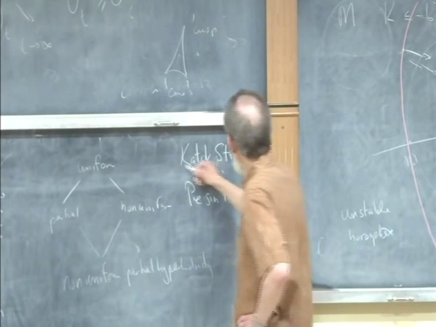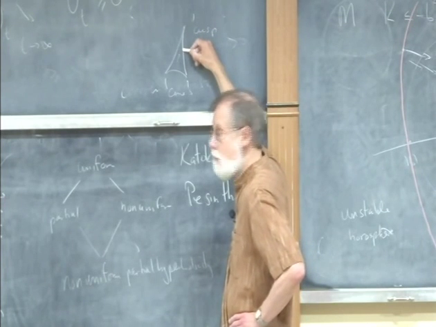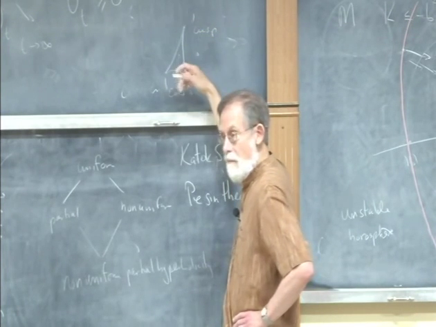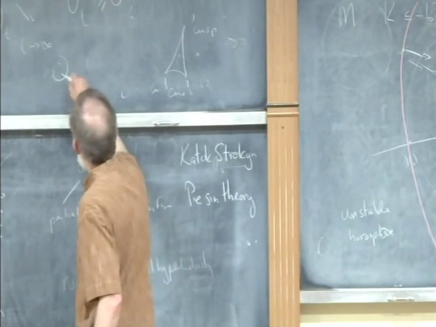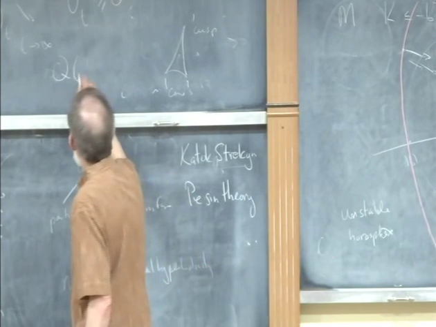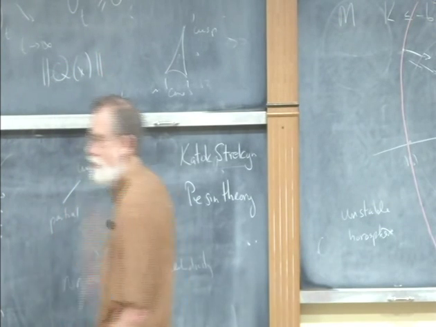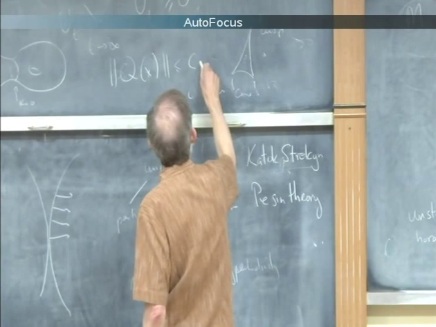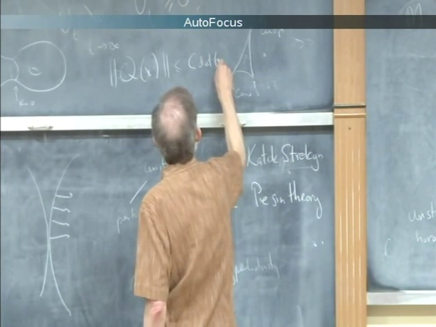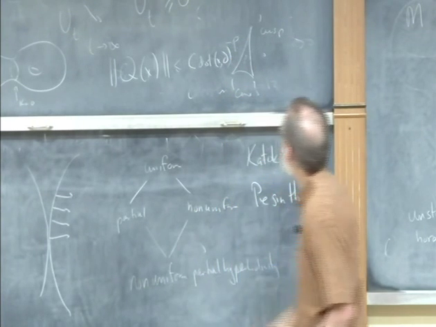But so what you have to do is provide estimates on how fast things get out of control as you go here. What you need is, if you have some quantity and you have a suitable measure of the size of the quantity, you want to know that this is less than or equal to some constant times the distance from x to the boundary to a negative power.